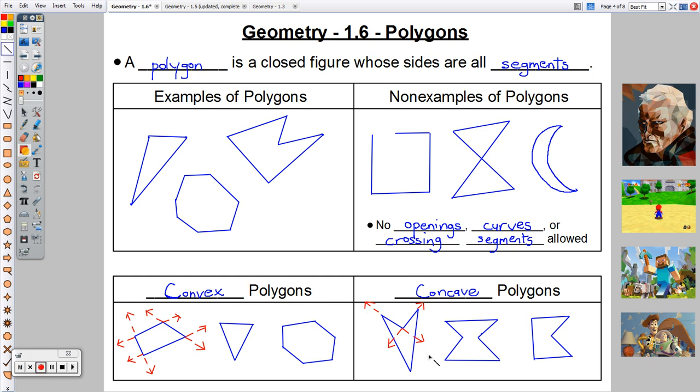And so because of that, because it cuts through the polygon, it's not convex. These ones, no matter what segment you extend out, none of those lines cut through the polygon. That means it's convex. So that's a more technical way to describe that. Here they cut through the polygon. I could draw in this segment and this segment farther, but I think that's enough to show you that those lines extended cut through the polygon.